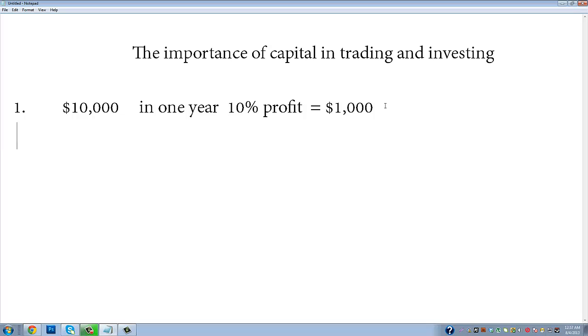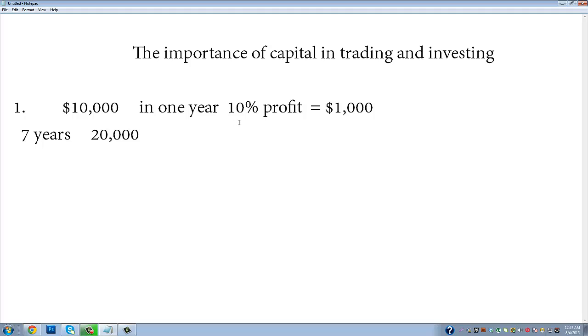Maybe I didn't count it, but you need maybe around 7 years to have 100% and then to have $20,000. So this 7 years is just an example. I don't know exactly if it is 7 years or something. You should calculate it.